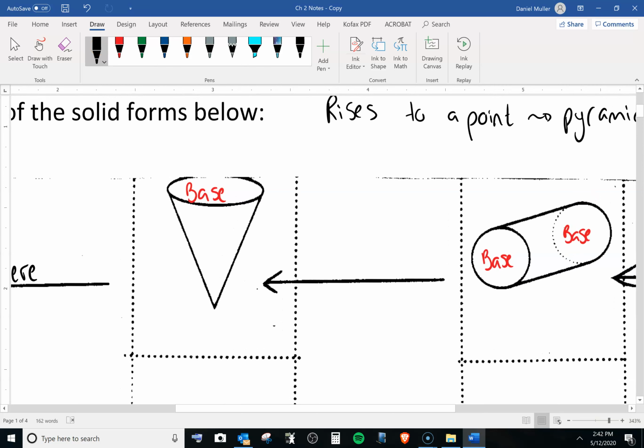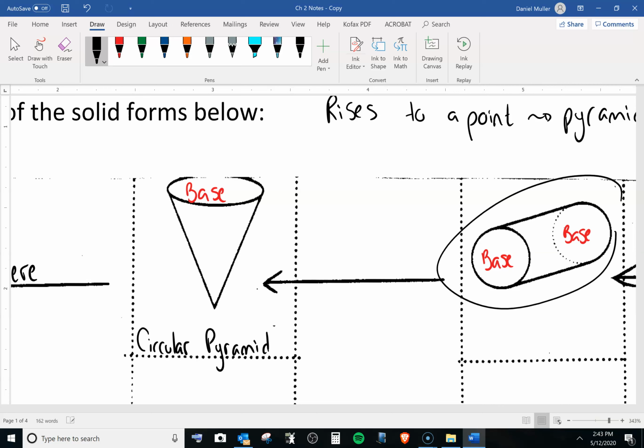In this case, the shape of the base is a circle, so we call it circular. It's got a circular base, and then because it comes to a point, we say pyramid. Circular pyramid. I don't even know how to spell pyramid, apparently. Pyramid. And again, it's a circular base, and it comes to a point.